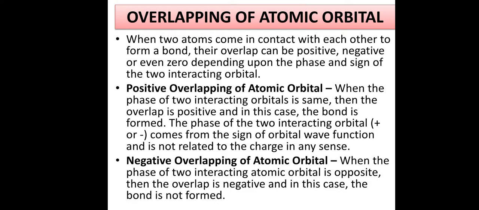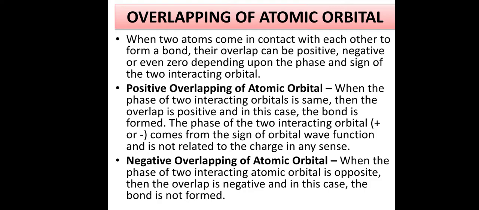Overlapping of atomic orbitals. The partial merging of atomic orbitals is called overlapping of atomic orbitals, which results in the pairing of electrons. The extent of overlap decides the strength of a covalent bond.